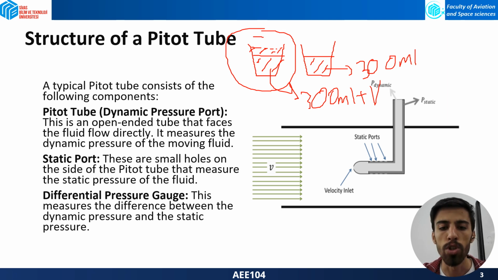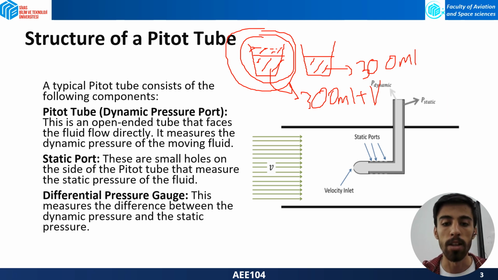So if you can measure the total volume of this glass, you can say that if I subtract 300 milliliters from this value, I will get how much water I put in this glass. It is the basic logic of the PITOT tube.